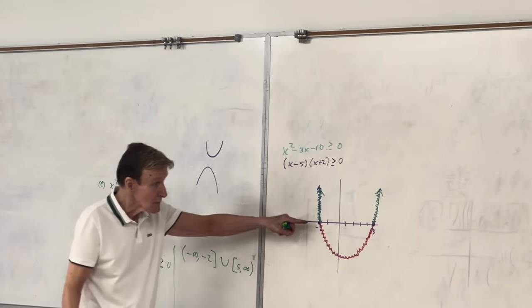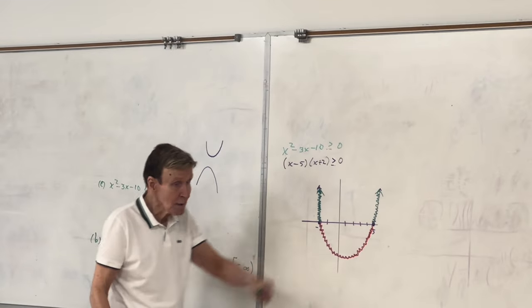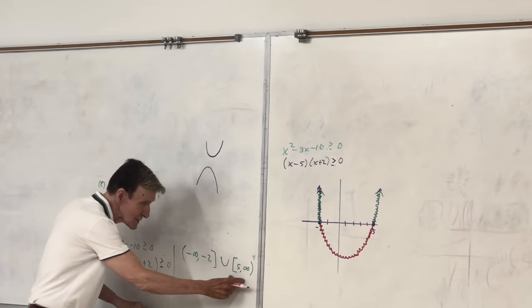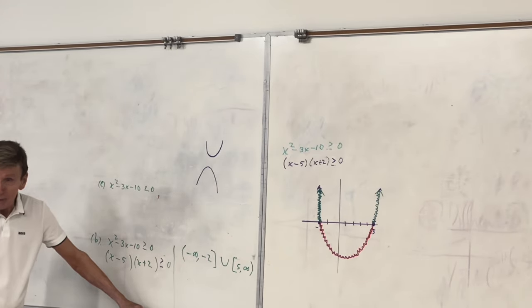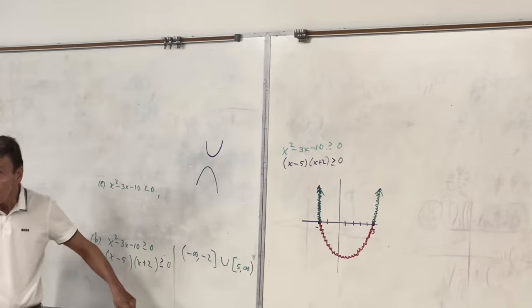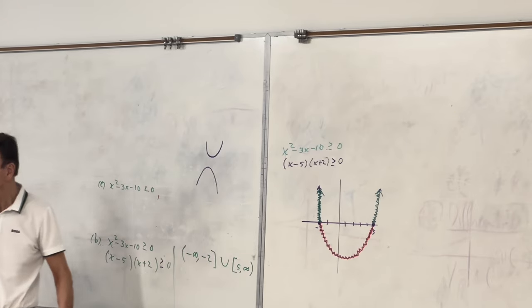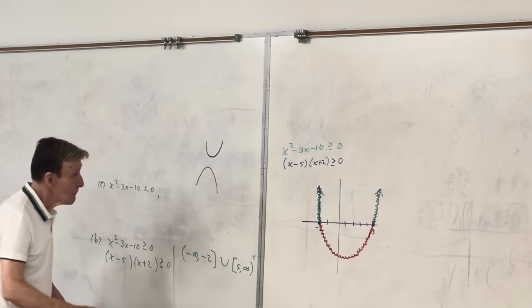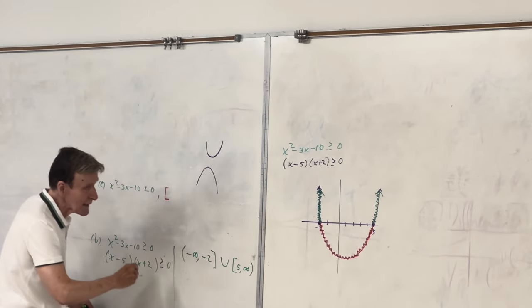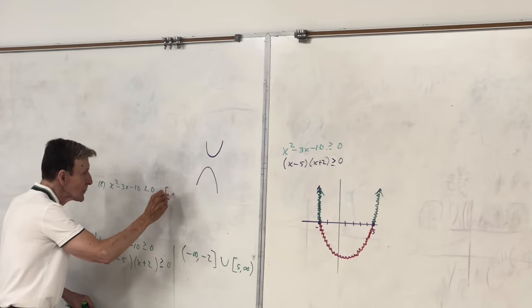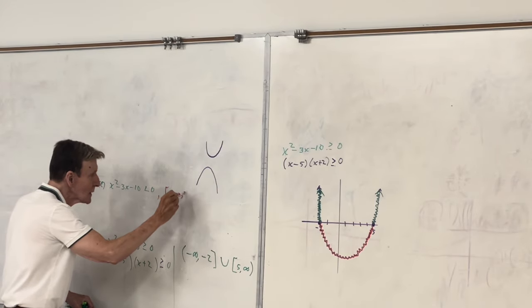The green one was here and here, and he suggested I write like this to show the two pieces. This one in the red has only one piece. Can someone tell me when is that red happening? So it should be bracket -2, comma 5 bracket. Perfect.